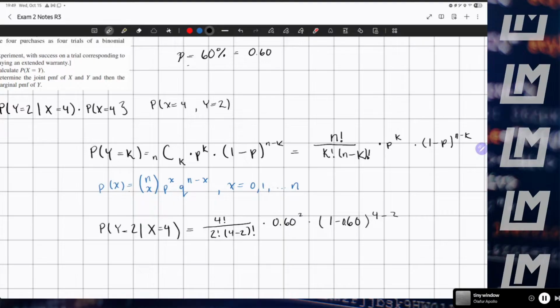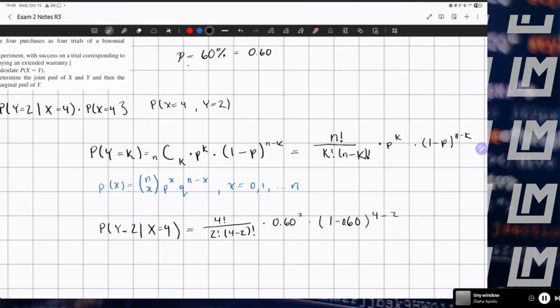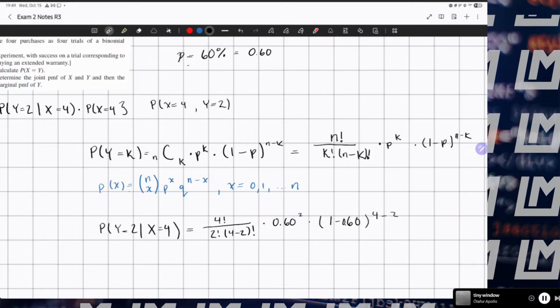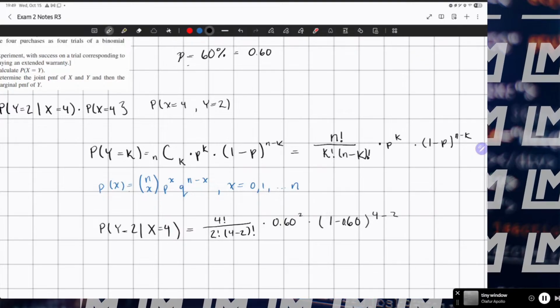Okay, so we need to know 3.4 through 5.1. Okay, that sounds good. So for this one, I can probably share my calculator screen.